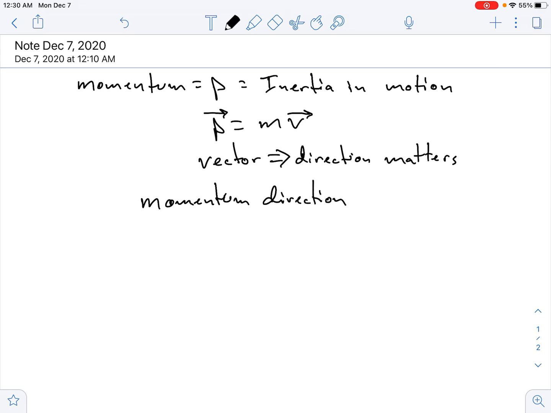So if an object is moving to the right, its momentum is pointing to the right. Regardless of whether the object is speeding up or slowing down, the direction of the momentum will come strictly from the direction of motion.